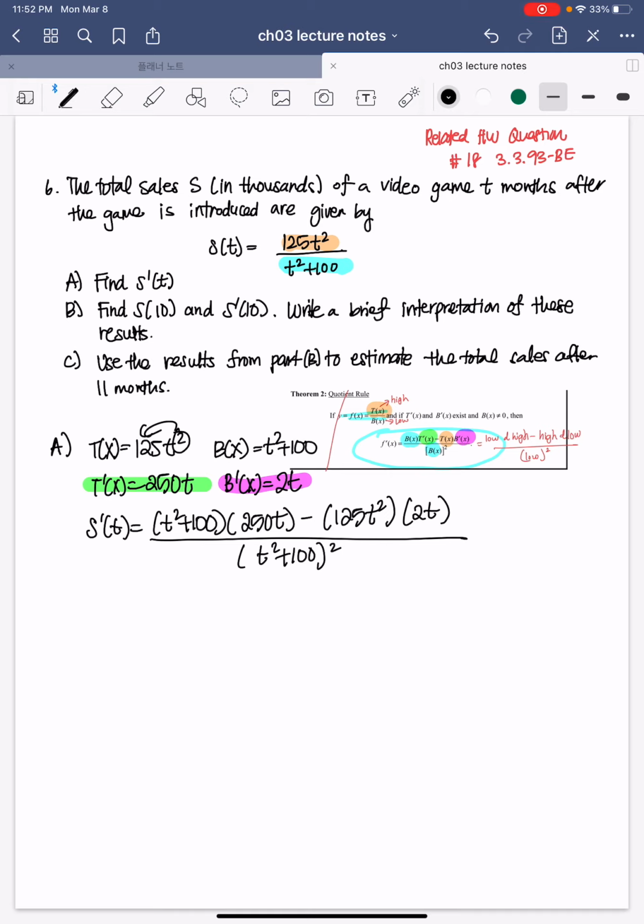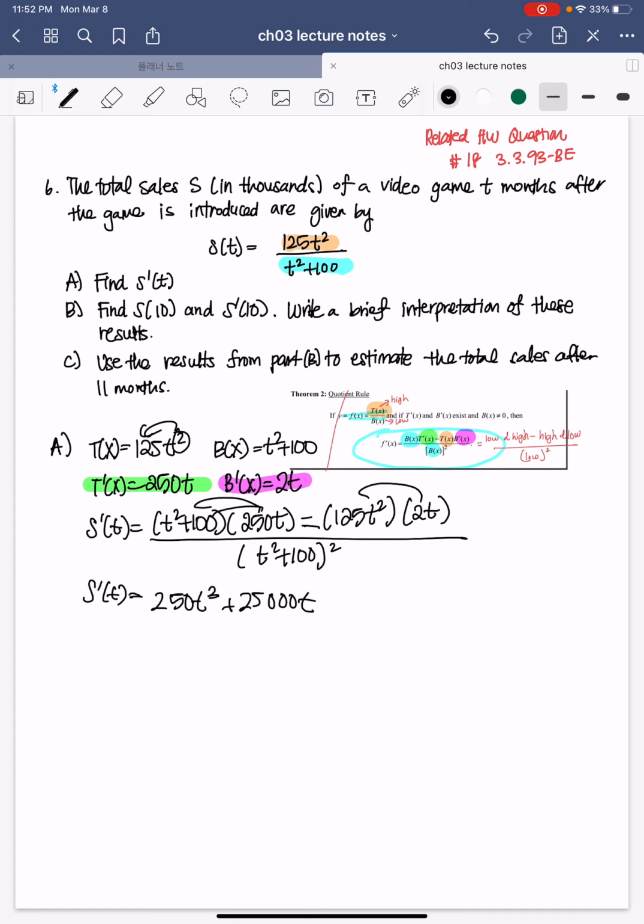Okay. Distributing, to simplify, I have 250t cubed plus 250,000t.